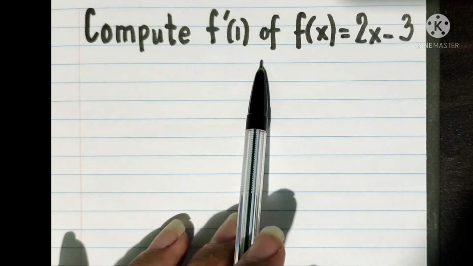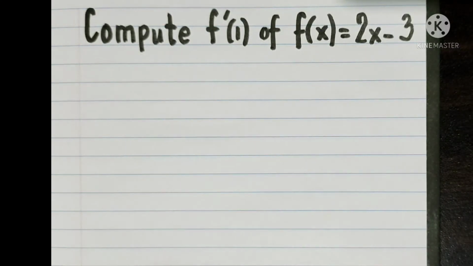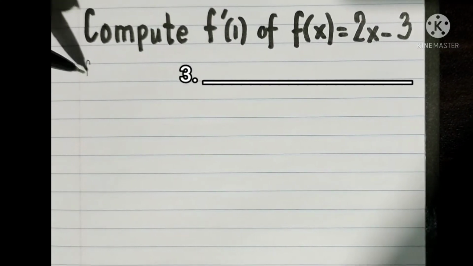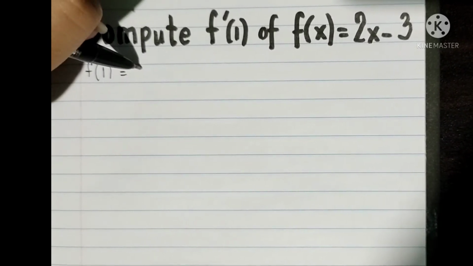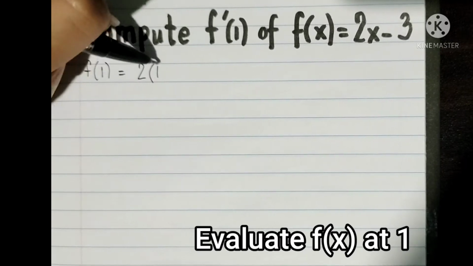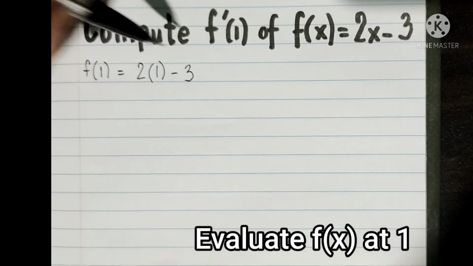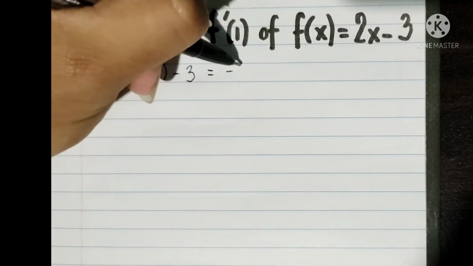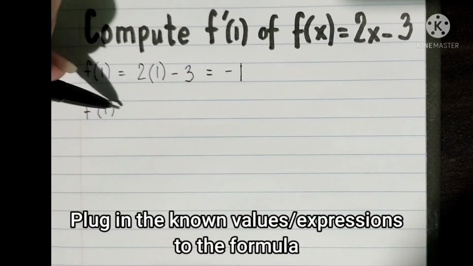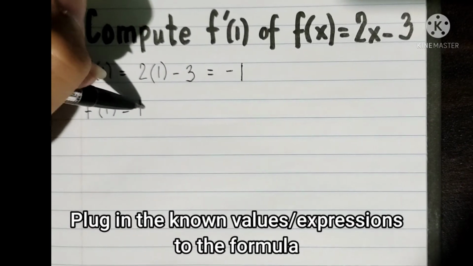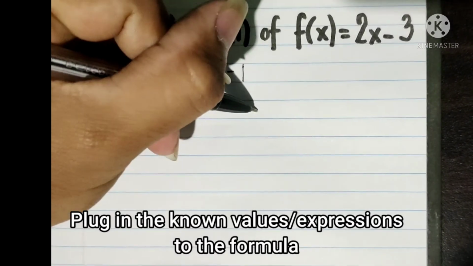Compute the f prime of 1 of f of x equals 2x minus 3. Pause the video and try it on your own first. Our first step is to evaluate f of x at 1. Replacing x with 1, we obtain negative 1. After that, we will now plug in the known expressions and values to our formula.